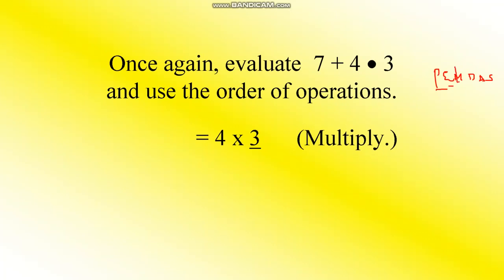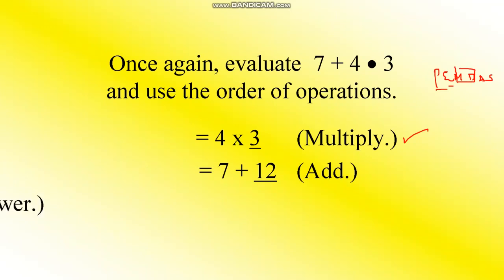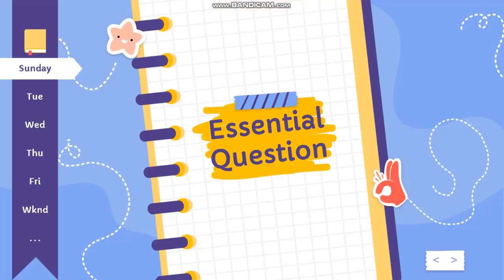Then, multiplication and division, we have multiplication, that's why we need to multiply first. So 4 multiplied by 3 is equivalent to 12. Then after that, we're going to add 7. So 7 plus 12 is equivalent to 19. So the answer is equivalent to 19.